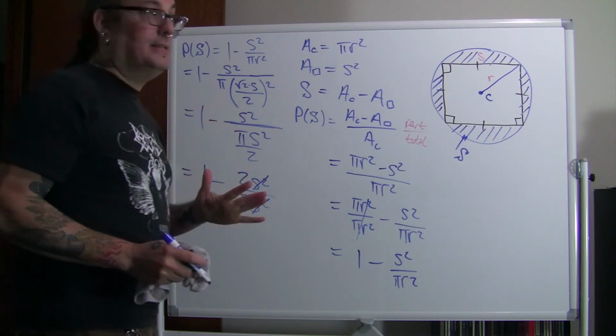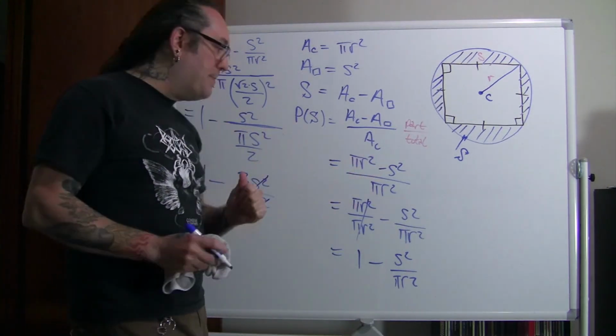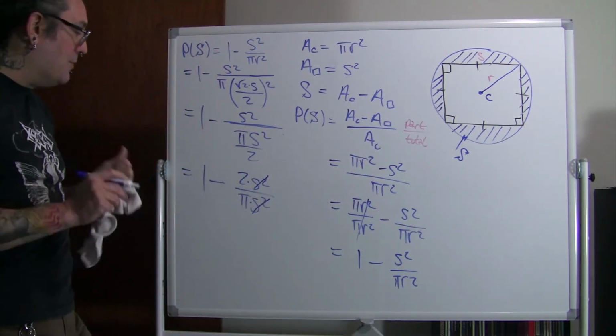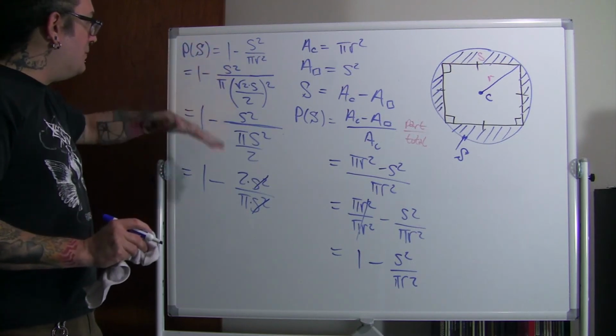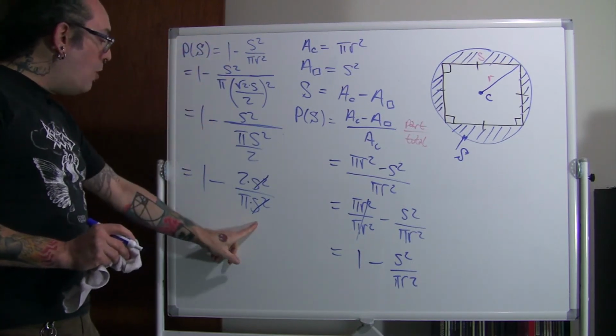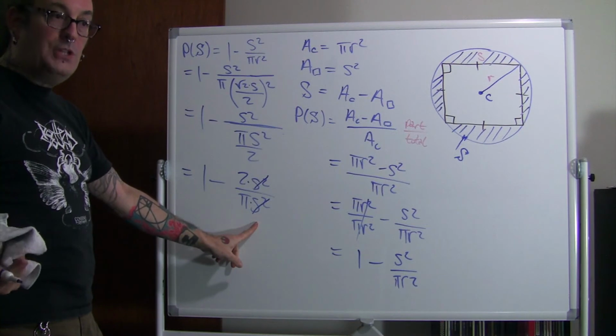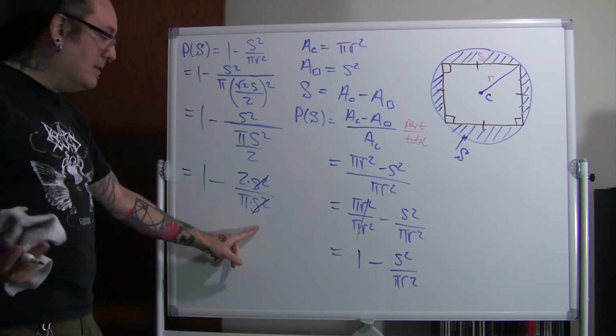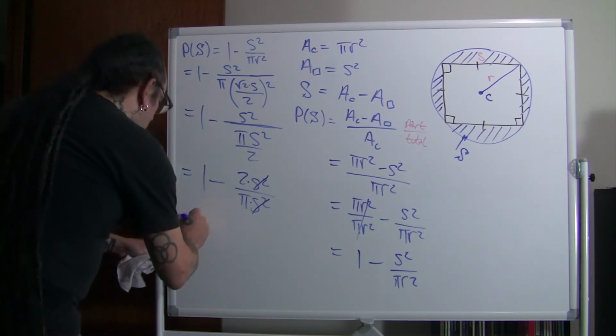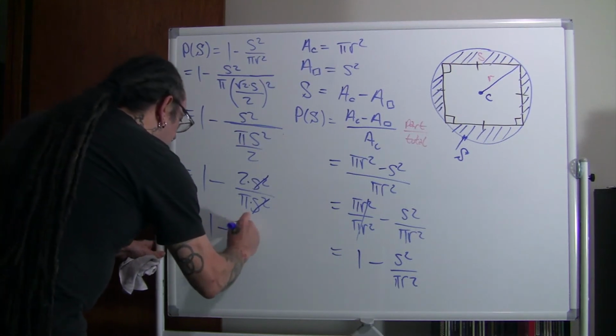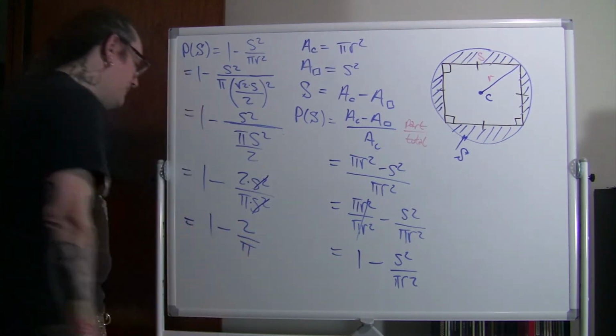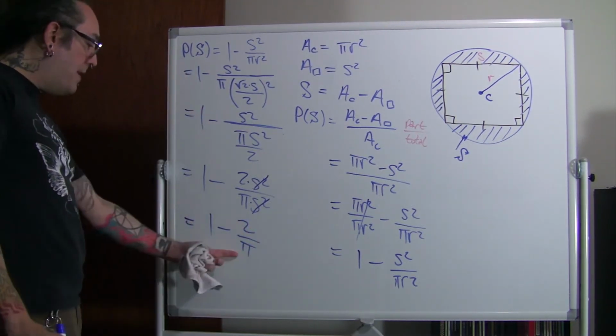But, again, I think I called it a just push through it problem. This is totally a just push through it problem, because as I push through it, step by step, all the variables drop out, which is crazy. So this turns out to be 1 minus 2 over pi. No variables.